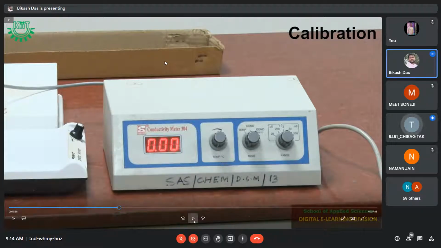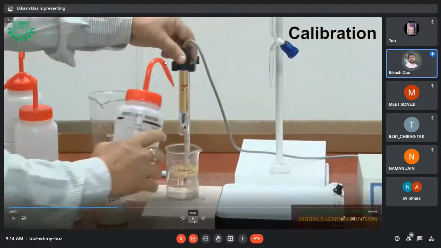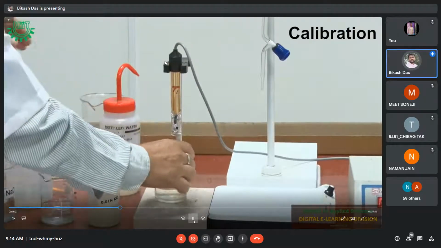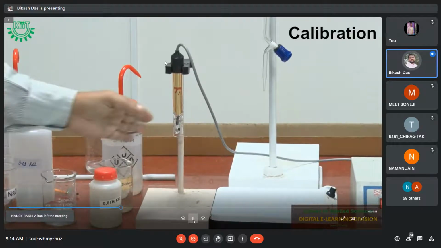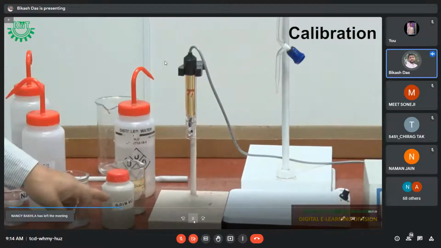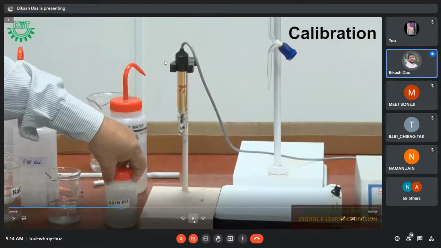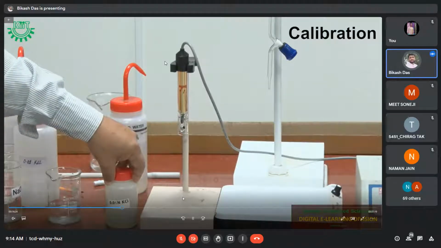There are no minerals in it, no? Yes, there are no ions, it is free of ions in the distilled water, that is why the conductance is showing 0. So you see, we are going to calibrate the instrument: first wash the electrode in distilled water, then dip the same electrode in your standard KCl solution, the KCl solution given in this bottle, inside that plastic bottle. Then in that display there should be 1.41.